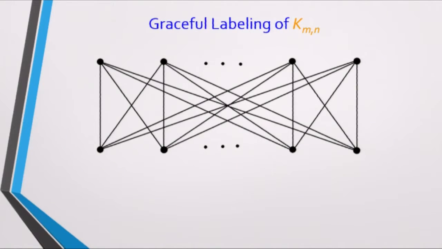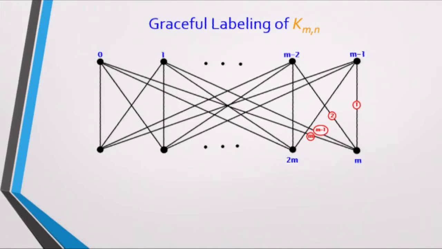Here's a general idea. So suppose there are m vertices in the first set on top, labeled 0 through m minus 1. And if I label this one as m, the difference between this is 1, the difference between that is 2, and so on, and the last difference would be m. Okay.